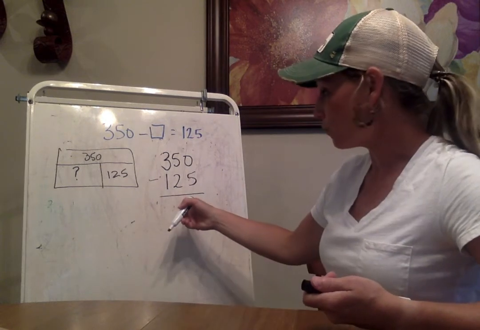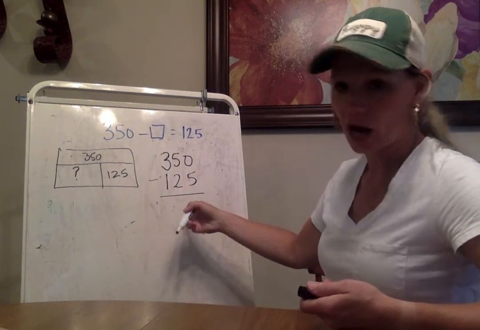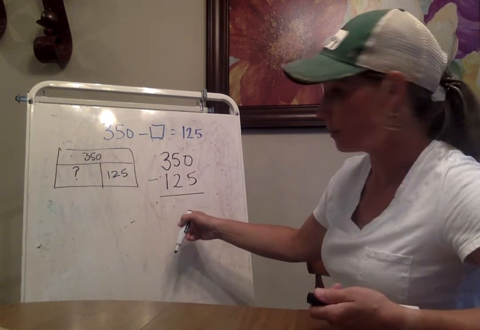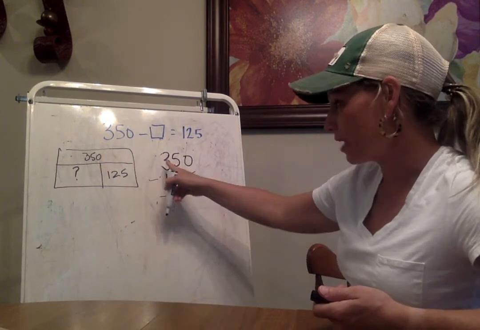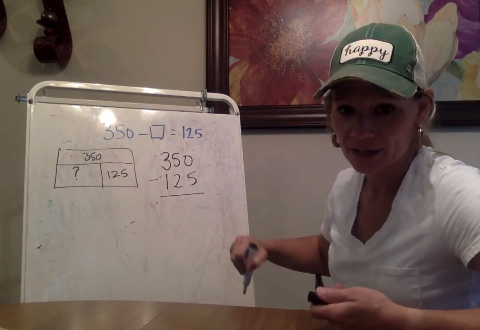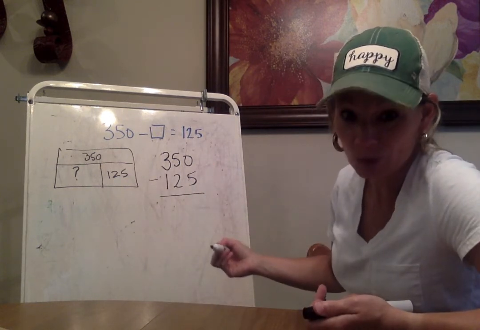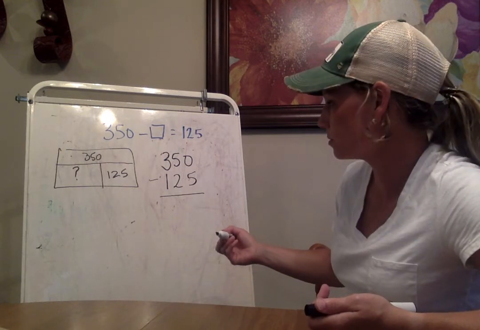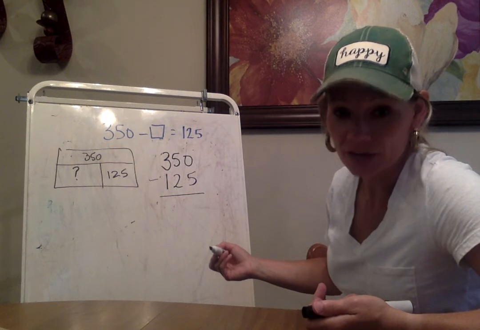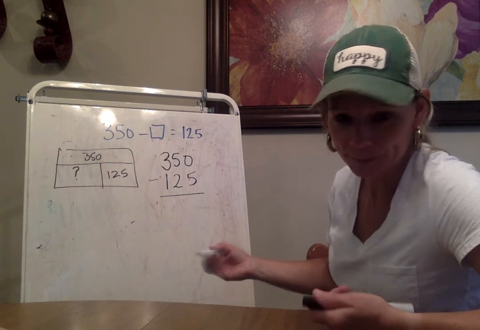And again, I can solve this with the algorithm, pictorial model, number line, mental math, right? This is a good mental math one. I know that 300 take away 100 is 200. And 50 take away 25 is 25 because quarters really help me with those numbers. So 225 cookies must have gotten eaten at the party, right?